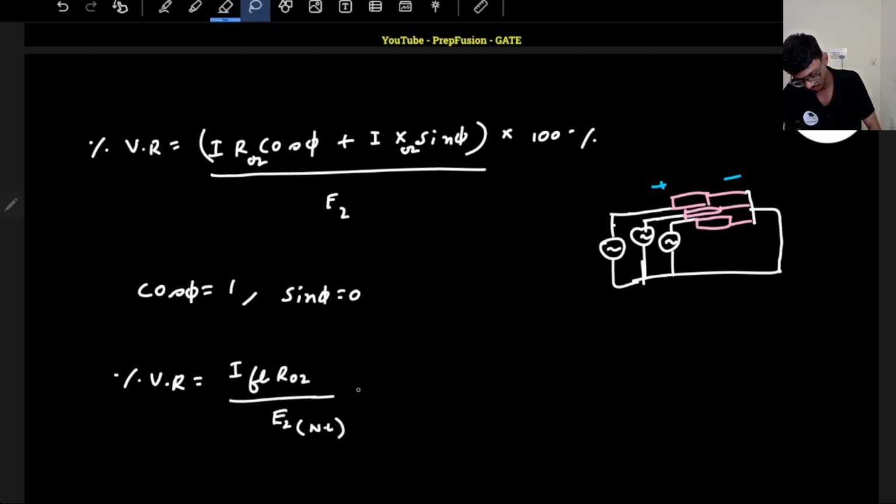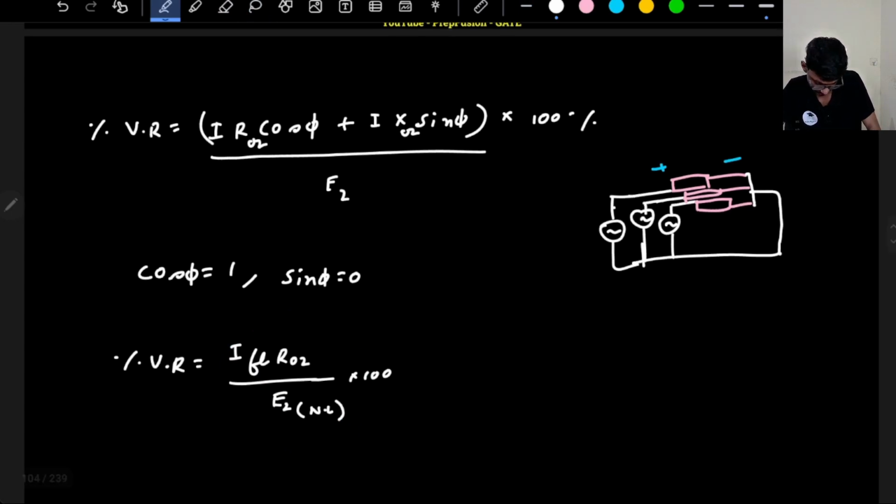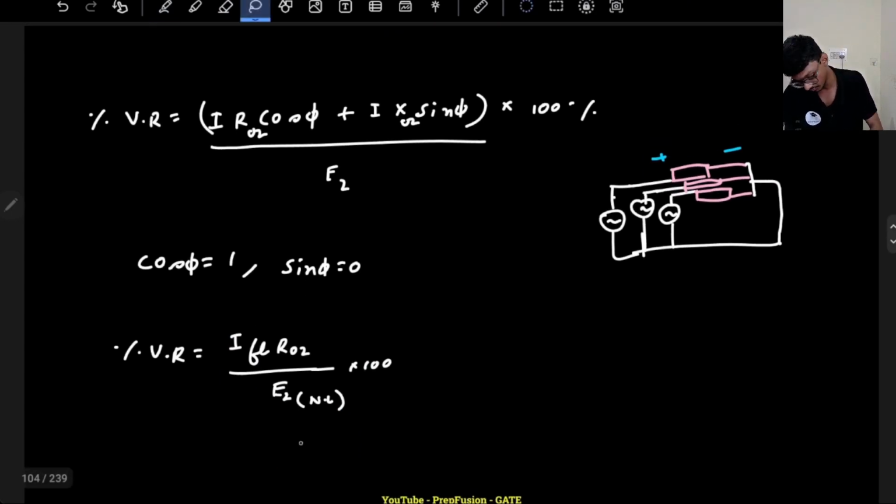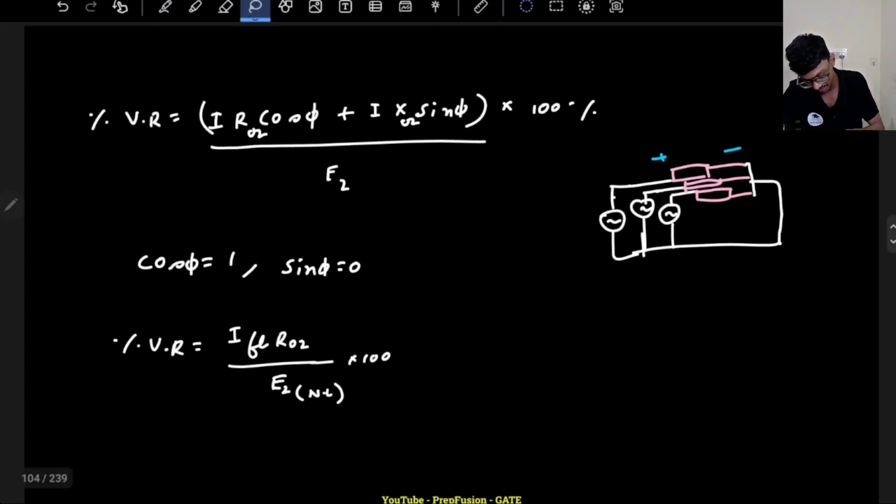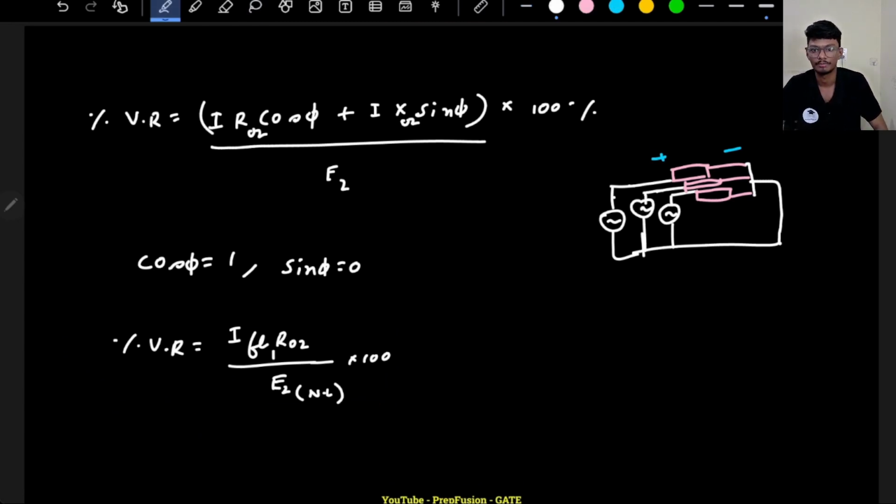Because they are asking for the terminal voltage, let me keep it as it is and not go to the per unit value.